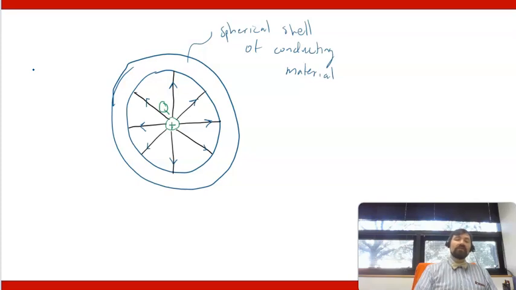So how do you terminate these field lines? Well, the answer is that we need to put some minus charges on this interior surface of the shell in order for these field lines to all terminate.